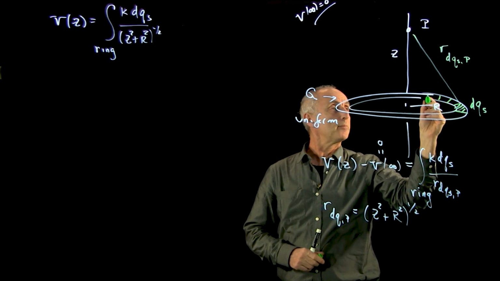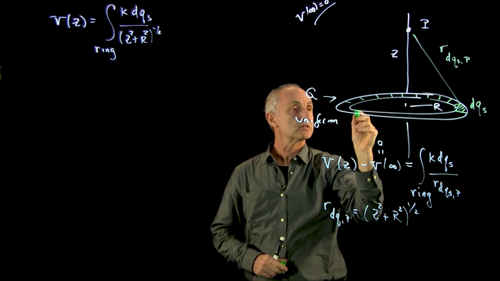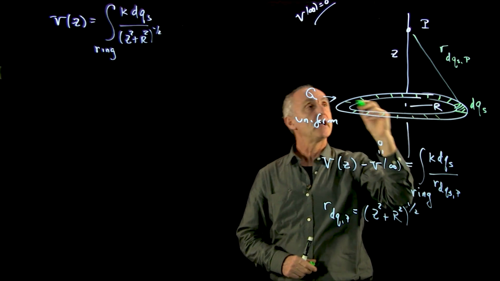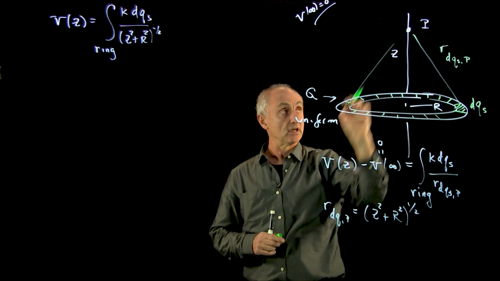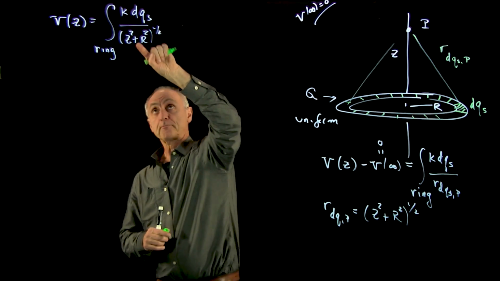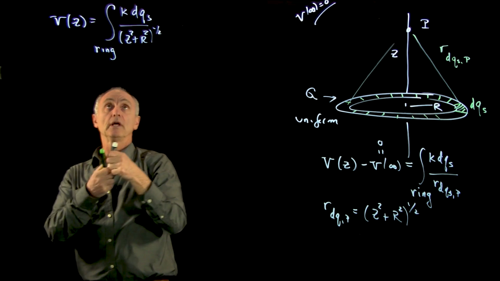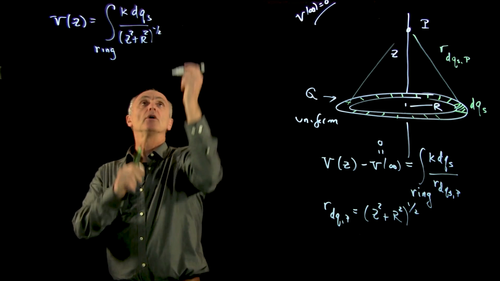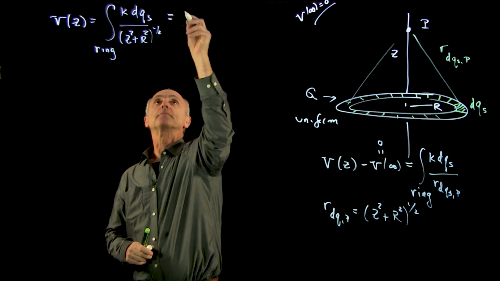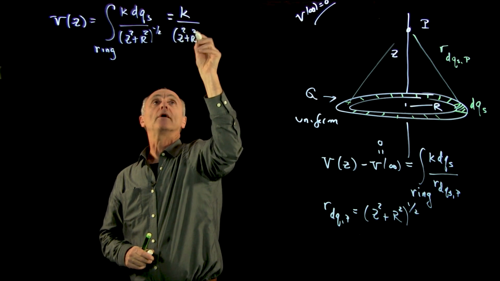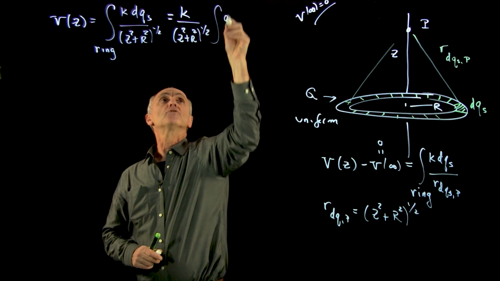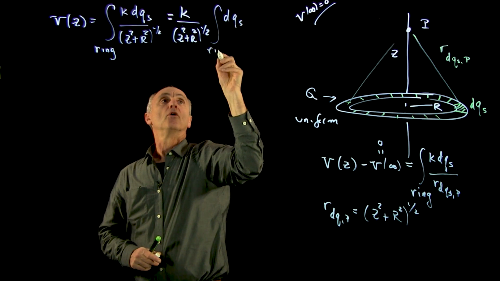Well, we're just adding up all these pieces as we go around the ring. And notice that every part of the ring is the same distance to the field point. So the quantities in this integral, k and the denominator, pull out of the integral. And we have k over (z squared plus r squared) to the 1/2 times the integral of dqs over the ring.